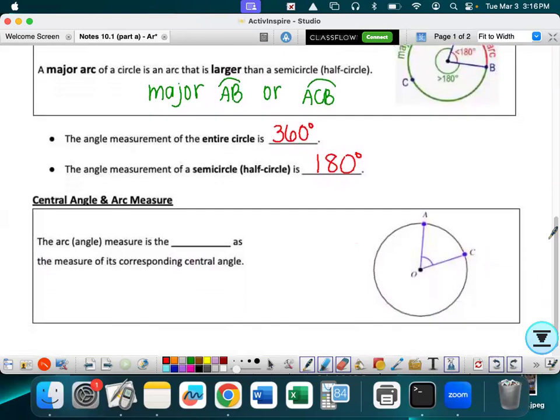All right, and then 2 more vocabulary words, or I guess 1 more because we already went over central angle. The arc measure. Angle is kind of implied there. The arc measure. That is the same as the corresponding central angle. So in blue right here, I have my central angle.